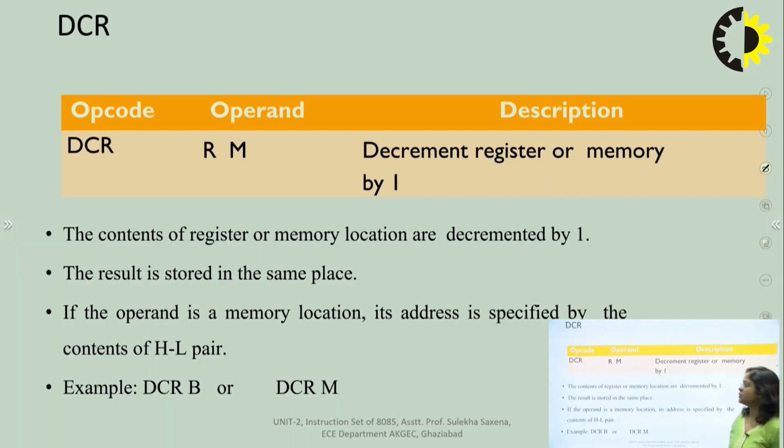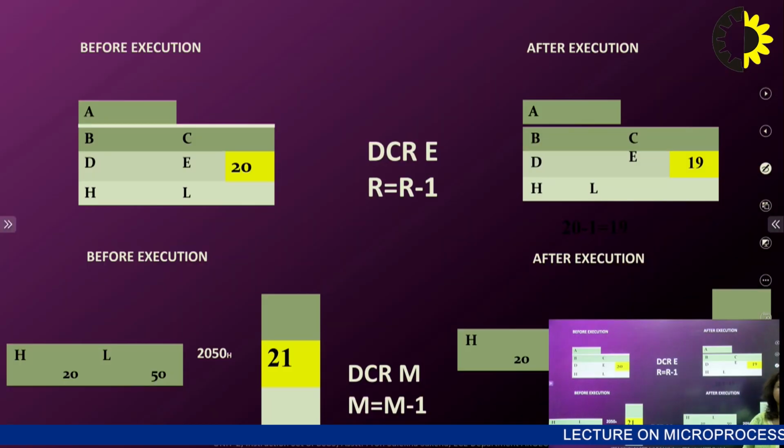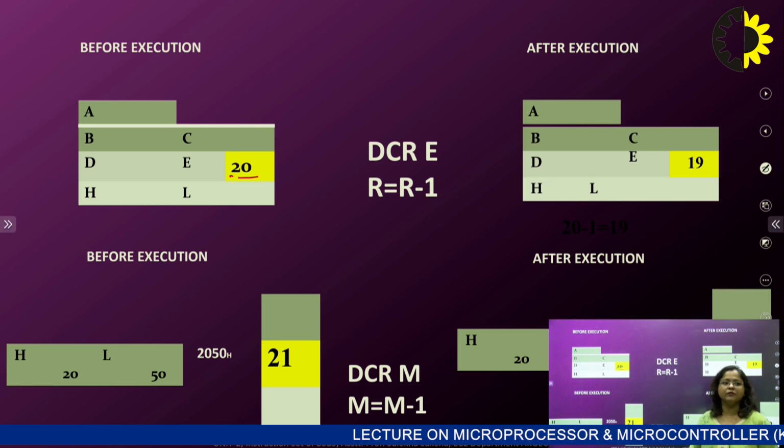Similarly, if we talk about decrement, there are 2 operations, 8-bit and 16-bit decrement. DCR means 8-bit decrement, so decrement a register or the content of a memory location by 1. For example, if we write DCR E, the content of the E register is 20. So after subtraction, the content will be 20 minus 1.